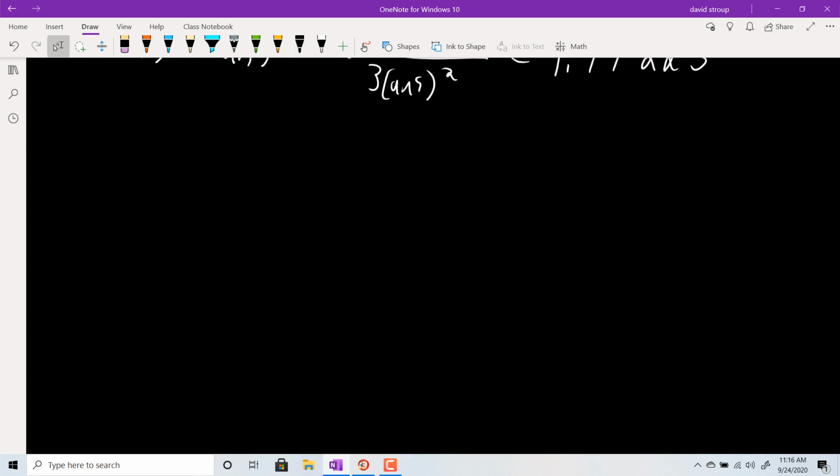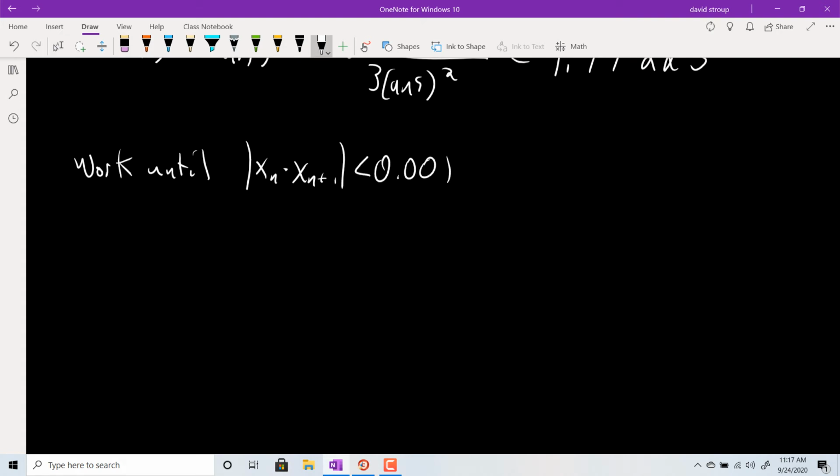So do Newton's method until the difference between two consecutive values is less than 0.001, which basically just means keep doing it until this place doesn't change anymore in your answer.